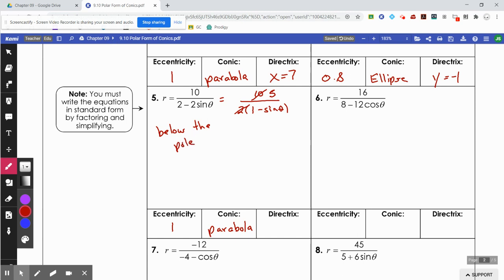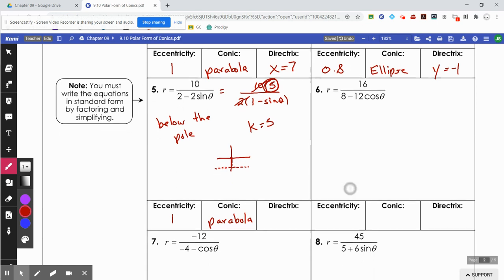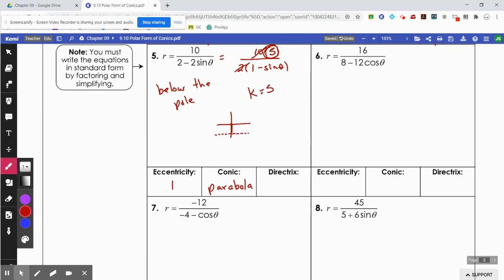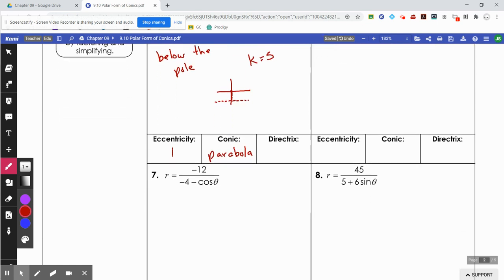So on top, we can find our k value. This is going to be k times e, and since our eccentricity is 1, that means we have a k value of 5. And let's go ahead and sketch that out. Here's the pole. My directrix is going to be located 5 units below that pole because of the k value of 5. So therefore, my directrix is going to be at y equals negative 5.